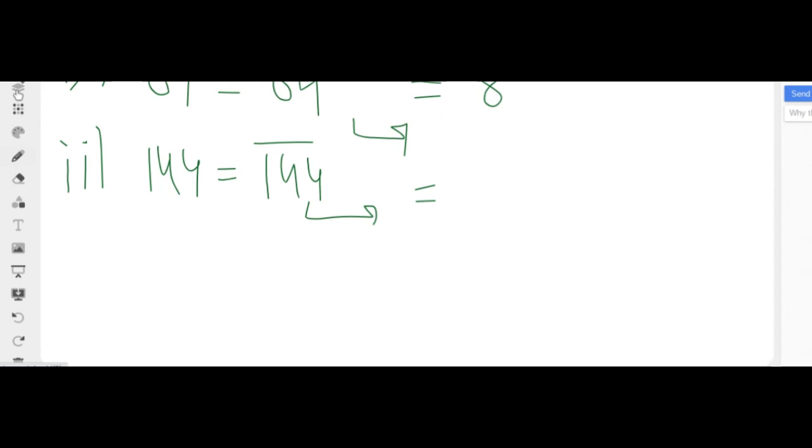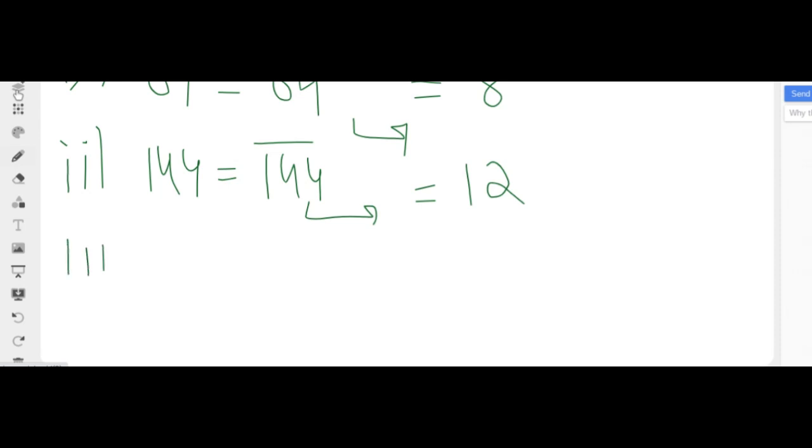By multiplying both of them, we will get the answer. Which number? Not 9, we have to pick the same number: 12. When we multiply 12 with 12, the answer is 144.